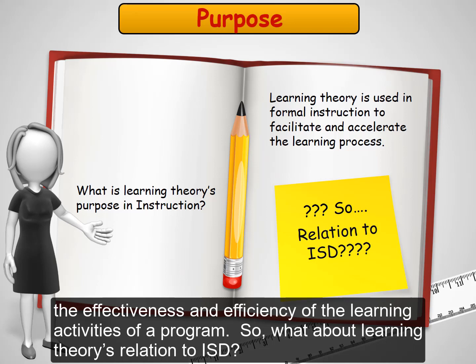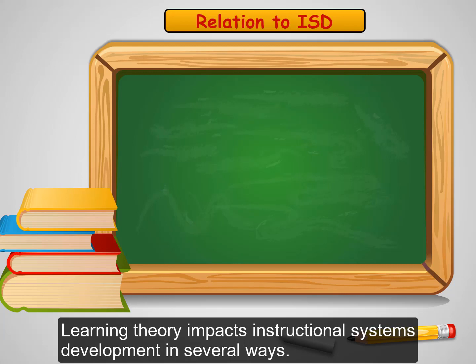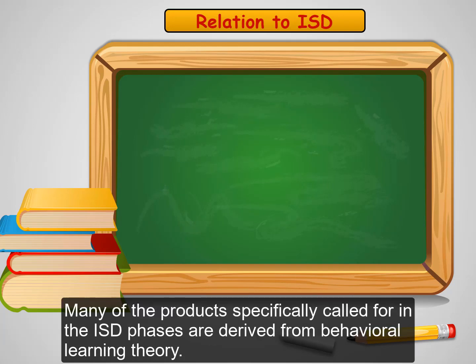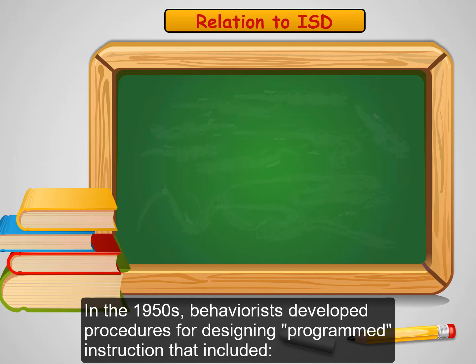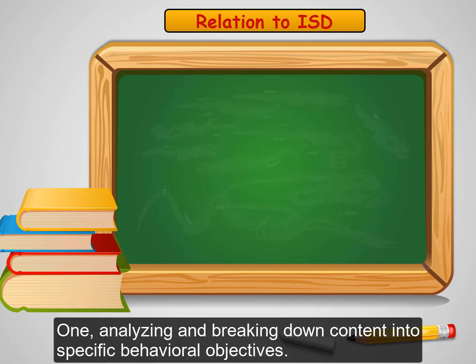So what about learning theory's relation to ISD? Learning theory impacts instructional system development in several ways. Many of the products specifically called for in the ISD phases are derived from behavioral learning theory. In the 1950s, behaviorists developed procedures for designing programmed instruction that included: 1.